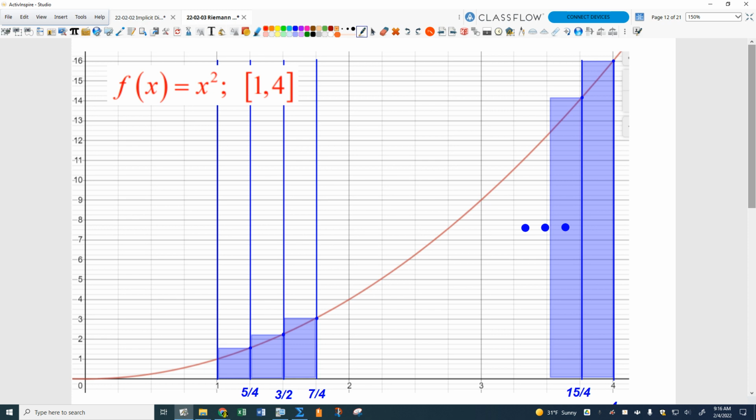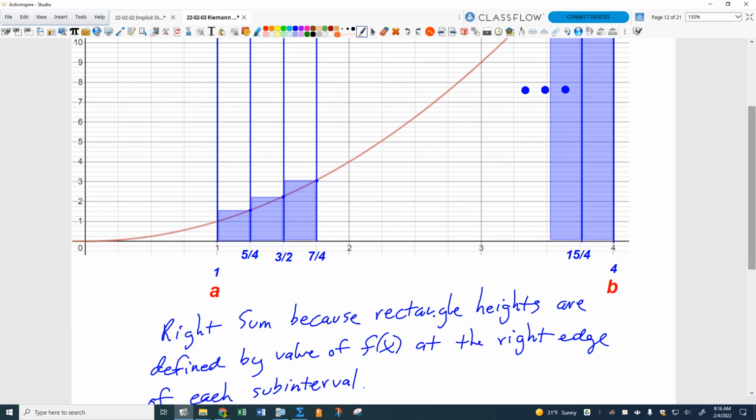Now, a different approach might be if we were really going to rely on some numerical estimate and we weren't going to be able to take a limit and have this thing become infinitely accurate, get a perfect evaluation of the area, then we might need to do something like, okay, well, let's calculate an upper sum and a lower sum and average the two to get closer to an exact value. Or I might pick a random distribution in here.